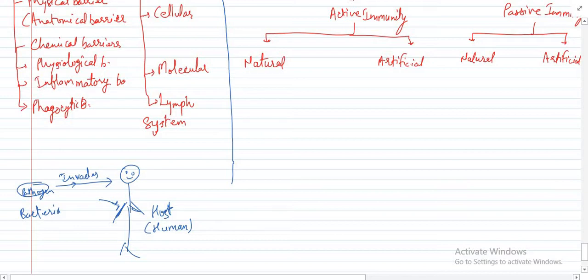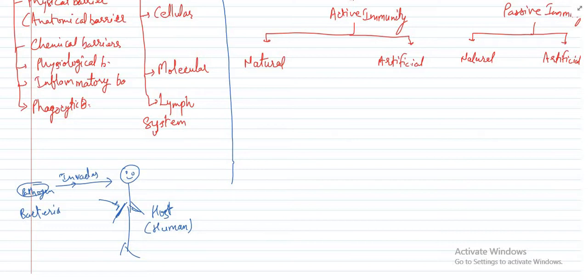But suppose it passes through the skin, then it has to go into the tissue, passing from one layer to the second layer and continuously going on, and lastly it reaches blood capillaries or blood vessels, right? So this is its entry site.